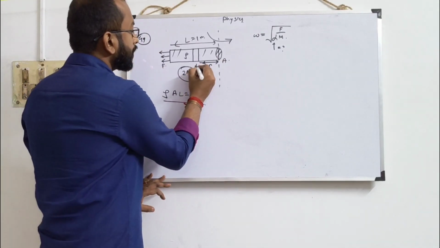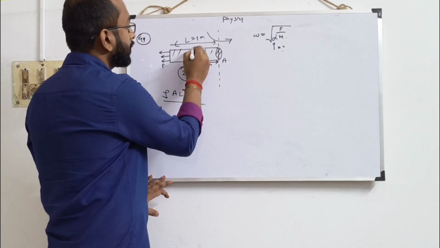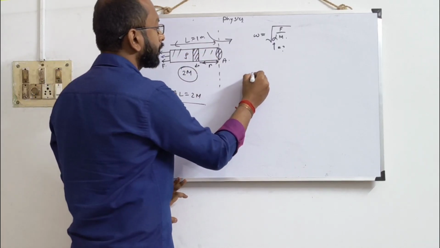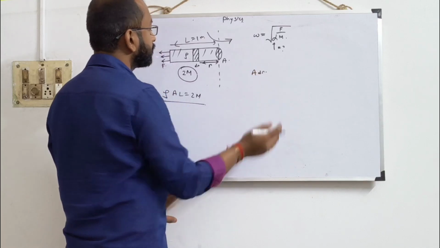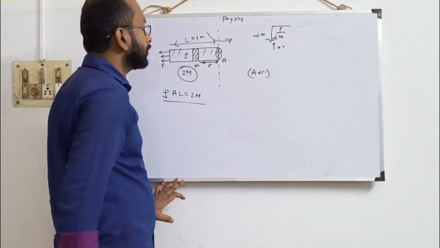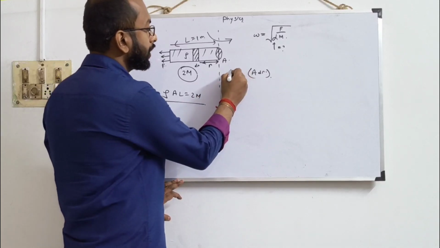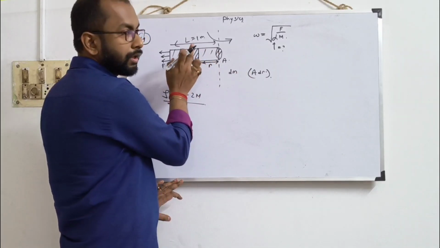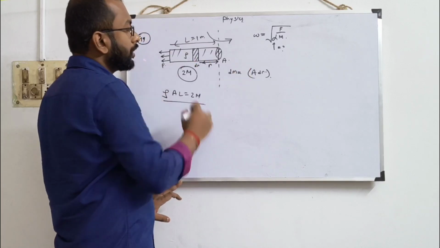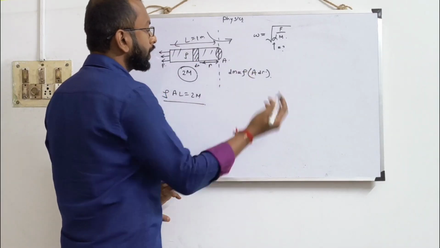So let's say this length is dr. So this differential volume will become A into dr. So what is the differential mass? dm, the small mass inside this small differential volume, is rho into that.